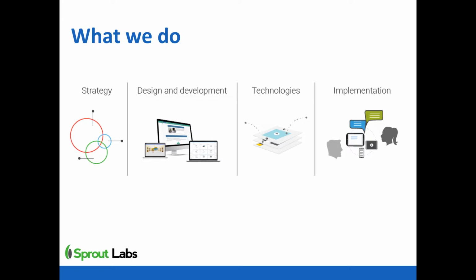We work across four service areas: strategy, design and development, technologies, and implementation. We take what we call a strategy-first approach, quite often working with clients to develop a blueprint and roadmap about where they're going. And then the other bits are really about helping them implement.